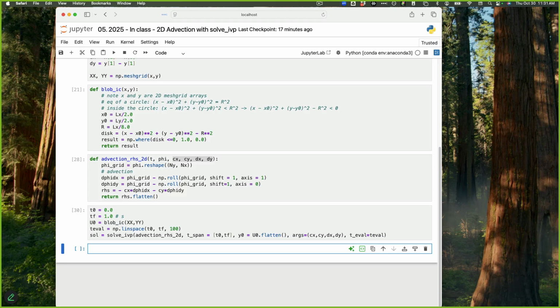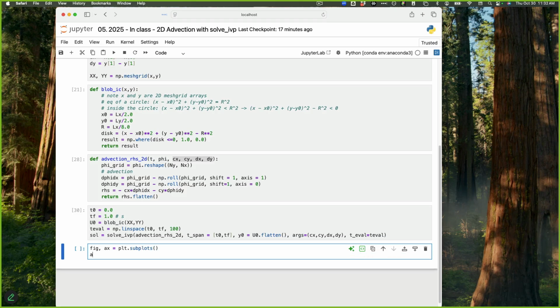So here's what I'm going to do. Fig, ax is equal to plt dot subplots, okay, and then ax dot contourf. On the x-axis, I'm going to put the x coordinates and then the y coordinates, x, y.